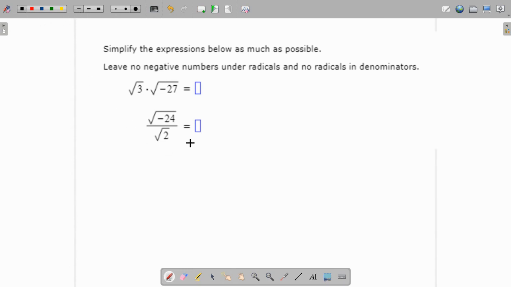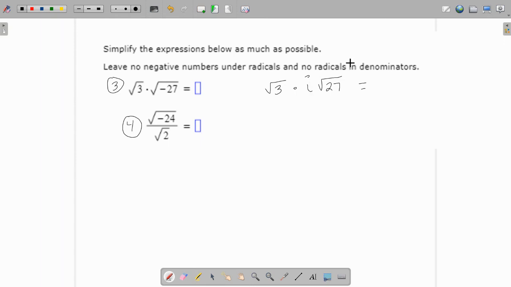If you would like to take a minute and try these two, you can. You can fast forward, whatever you need. I'm just going to get going. We'll call this 3 and 4. Number 3, we can go square root of 3 times i square root 27.